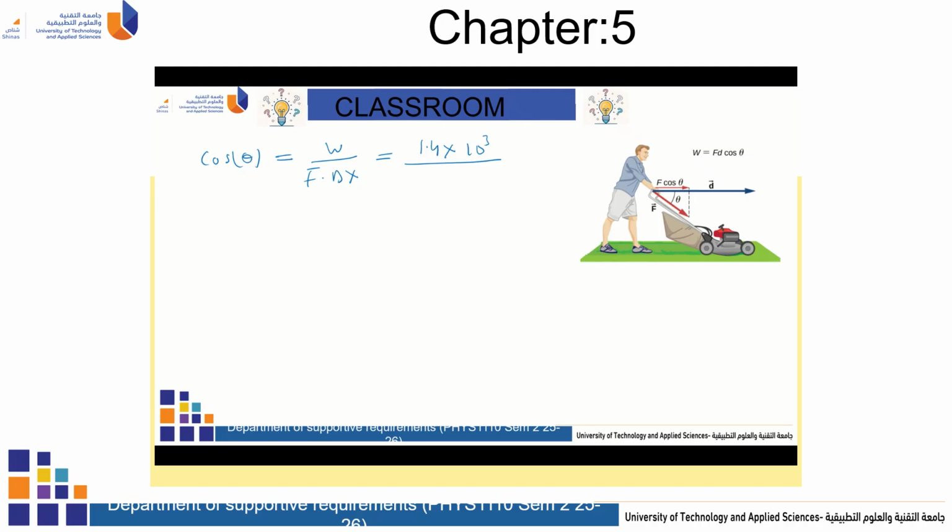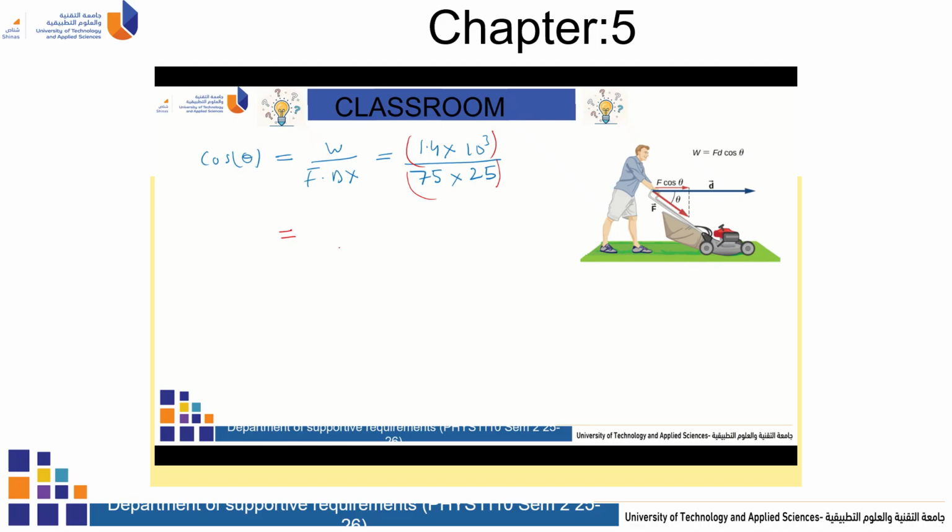And the value of the force is given here, it is 75, multiplied by the displacement value, which is 25 meter. So if I calculate the whole part, I am getting the answer.